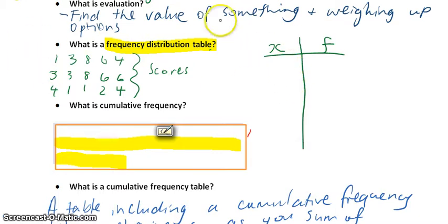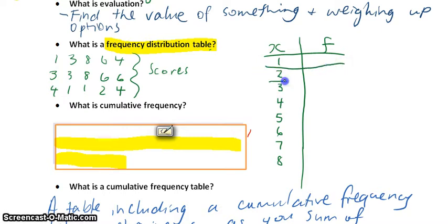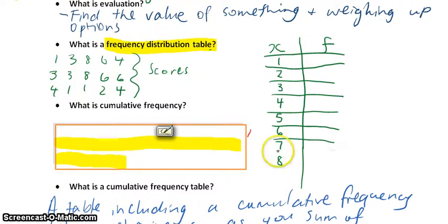To create my frequency table, I put in my numbers from lowest to highest. The lowest is 1, the highest is 8, so I'm going to put in 1, 2, 3, 4, 5, 6, 7, 8. I create rows across my table like this, and I now have my frequency table.